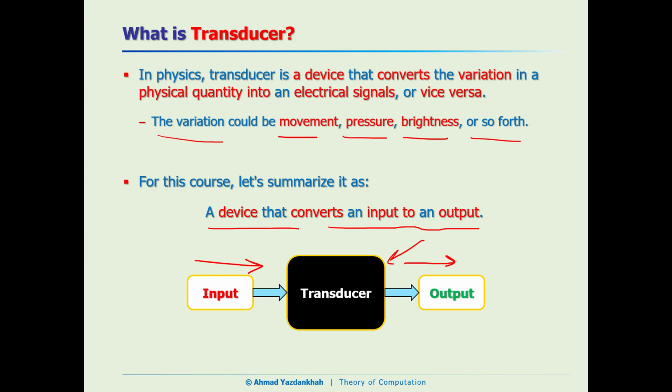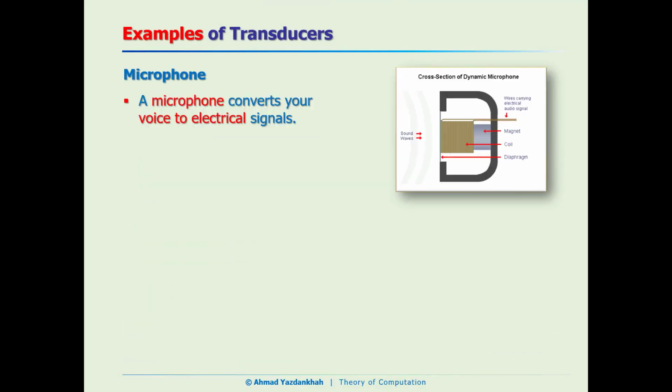Let me take a couple of real world examples of the transducer. For example, a microphone is a transducer. Its job is to convert the sound waves here to electrical signals here, right? So this is a physical transducer.